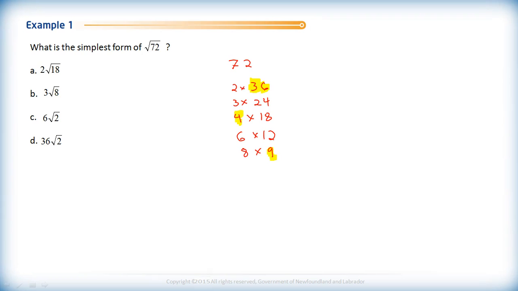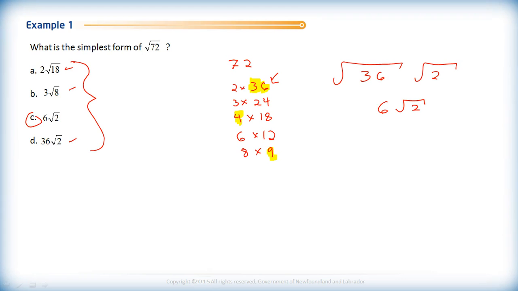And what's nice about that is that it allows you to predict what the distractors are going to be, so what the incorrect answers are over there. So let's go with the 36, which is the biggest one. So we've got the square root of 36 times the square root of 2. So I think that just makes 6 root 2. Okay, so it looks like C is the correct option.